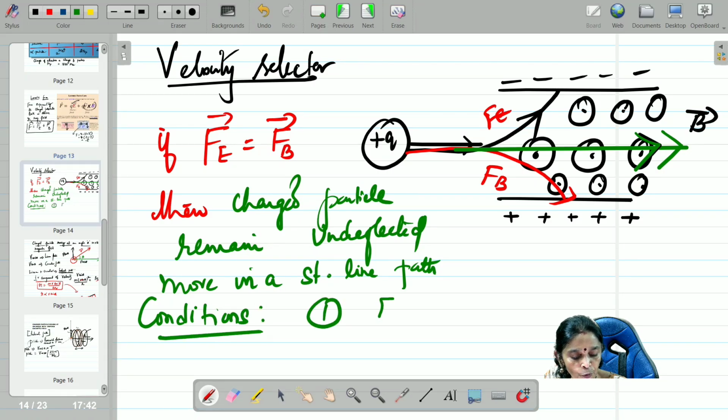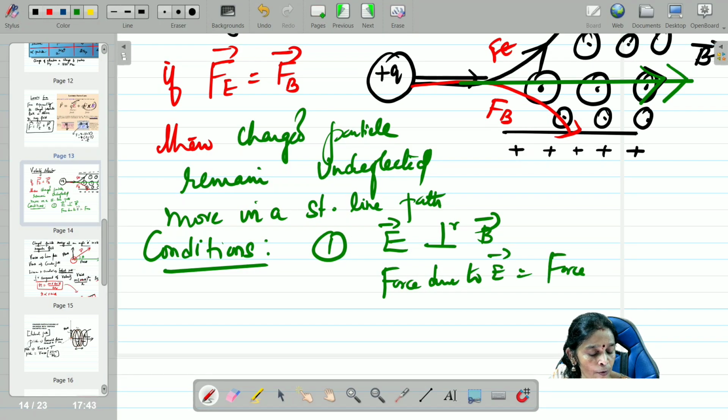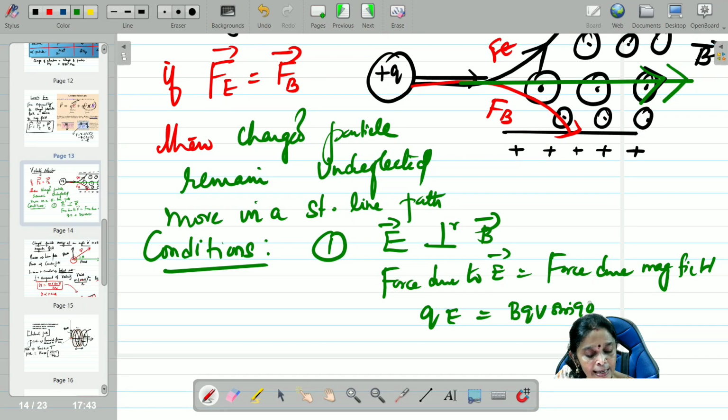Number one condition, electric field should be perpendicular to magnetic field. And number two condition, that we have already seen, force due to electric field should be equal to force due to magnetic field. If it is equal, then QE will be equal to BQV sine theta, therefore sine 90 degrees here.